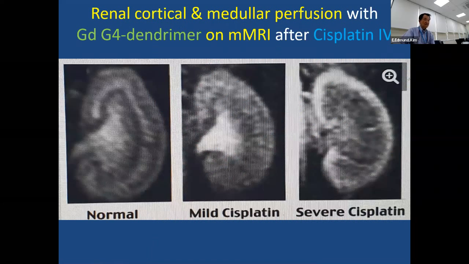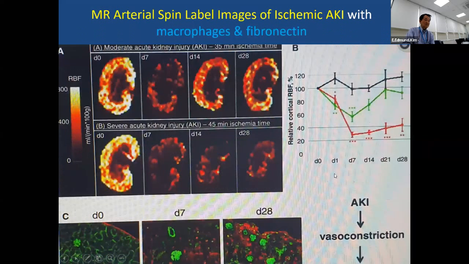And the certain perfusion abnormality on MRI: normally you have to see the corticomedullary junction, and this is platinum. It shows excretion, but the distinction is severe, it's just retaining in the cortex. It should come out some. So on MRI, you can see it. So in MR, certain arterial spin techniques can also evaluate ischemic ATN.